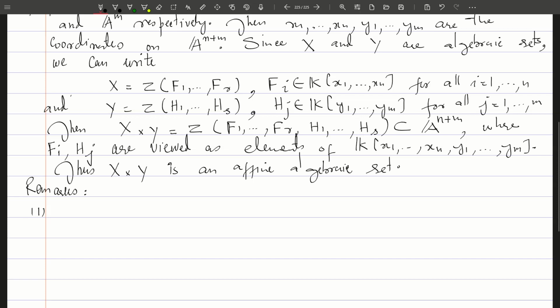So the first remark is this. Let phi from X to Y be a continuous map between topological spaces.